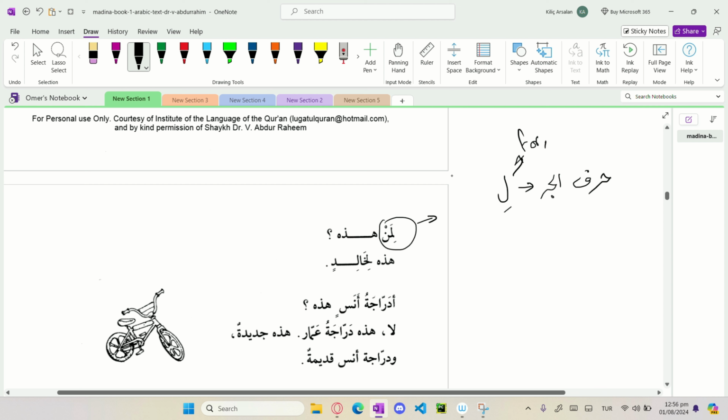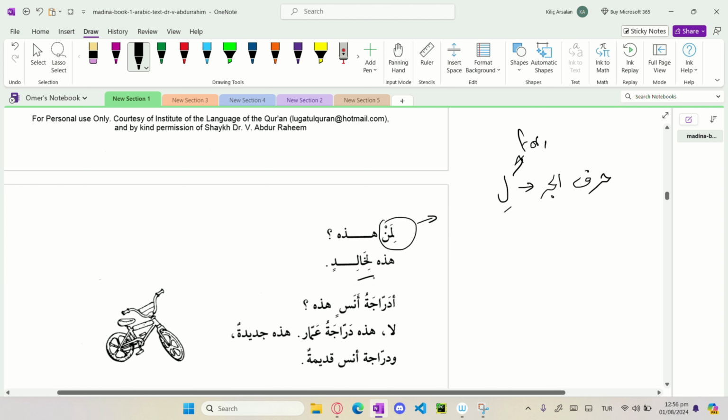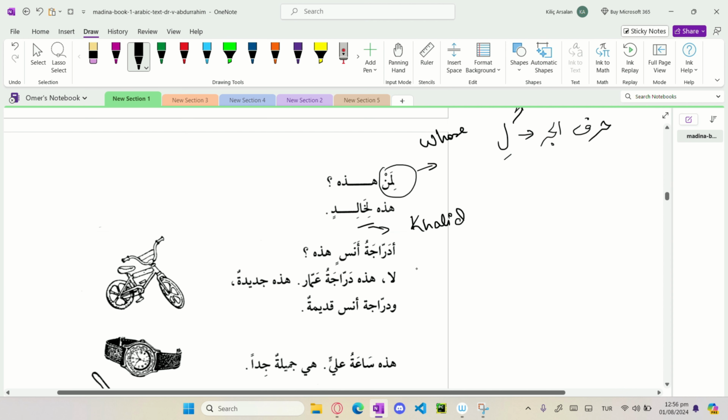For example, liman hazihi sayara, to whom does this car belong? Liman hazihi sayara. Or hazihi li Khalid. This belongs to Khalid. Liman hazihi, you can translate it to whose is this? Liman hazihi li Khalidin.